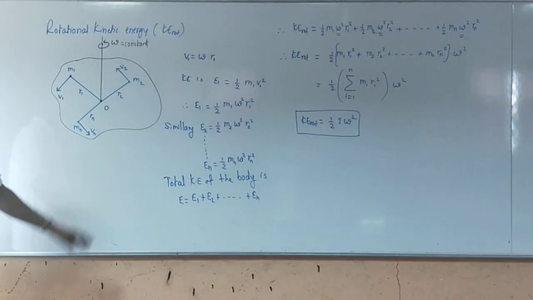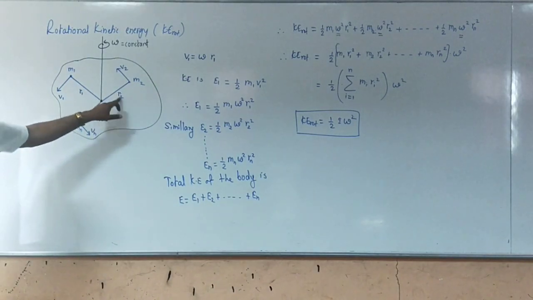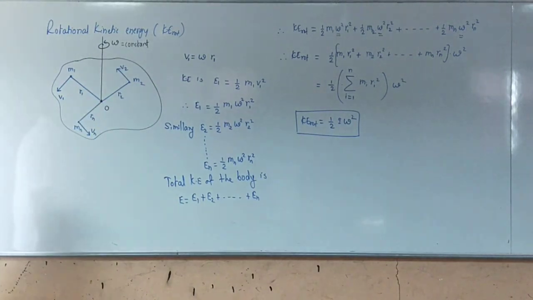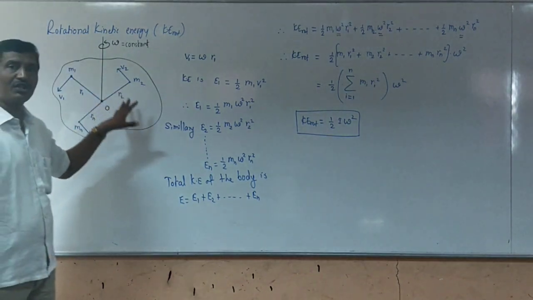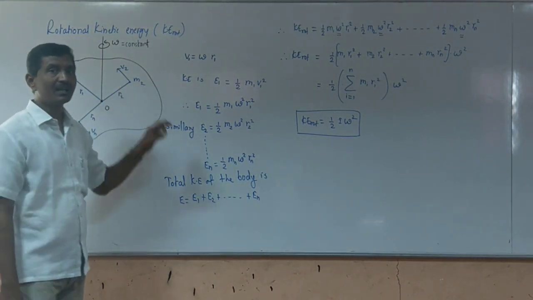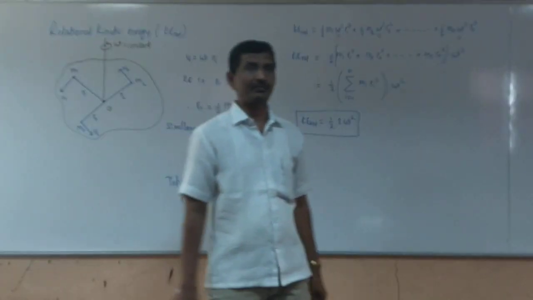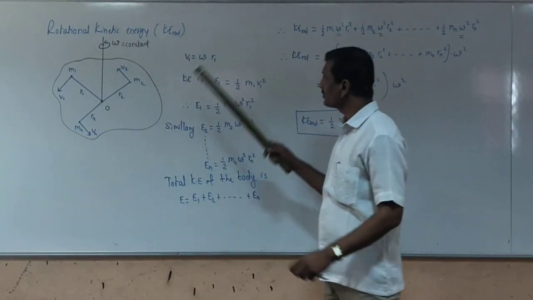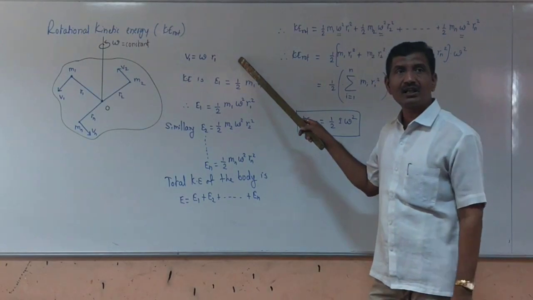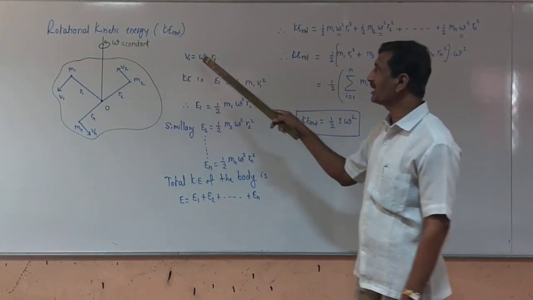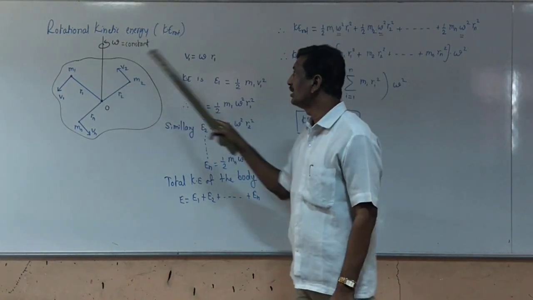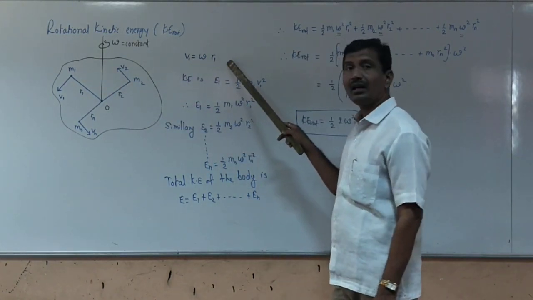These particles are situated at distances r1, r2, rn respectively from the axis of rotation. As the body performs rotational motion, every particle performs circular motion. We know that in case of circular motion, V is equal to omega into r is the relation between linear velocity and angular velocity. So apply that relation for the first particle. We get V1 is equal to omega r1.